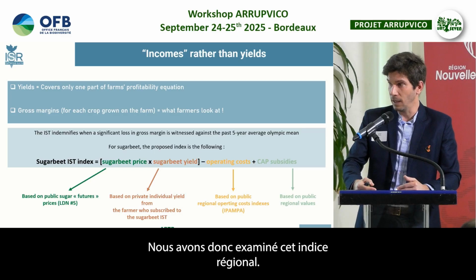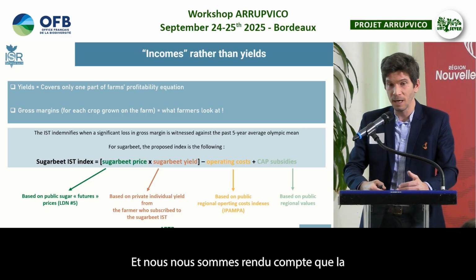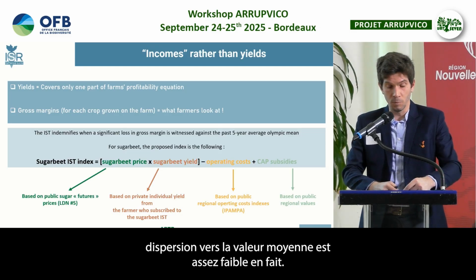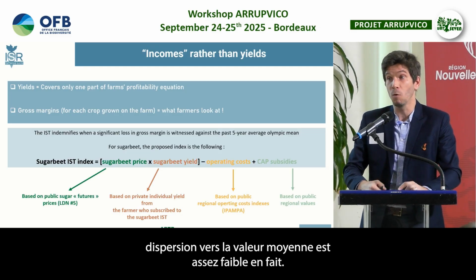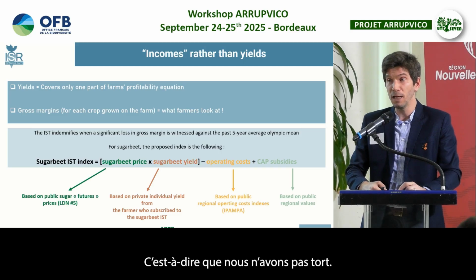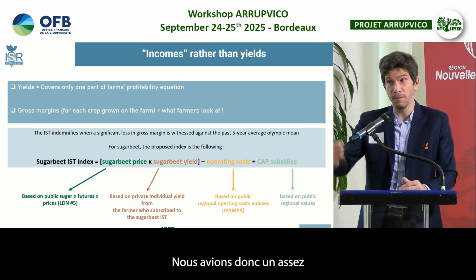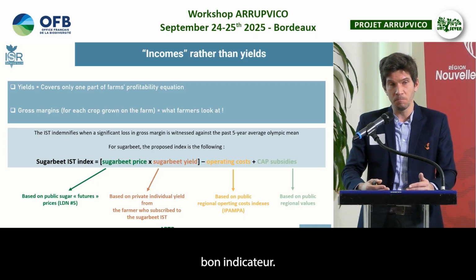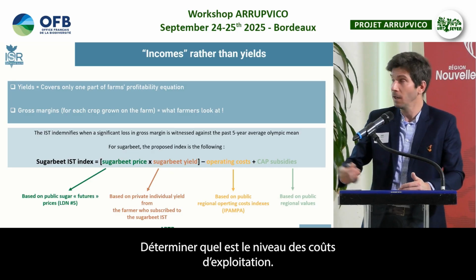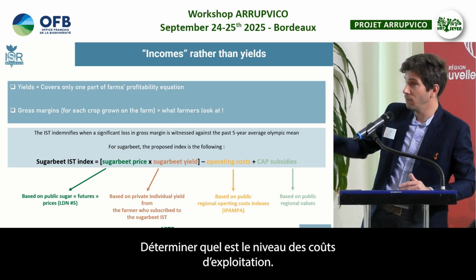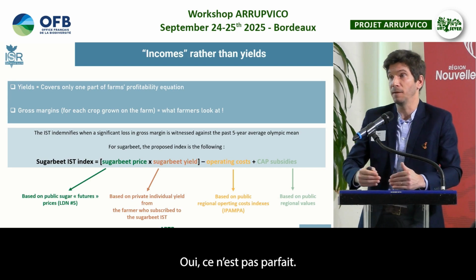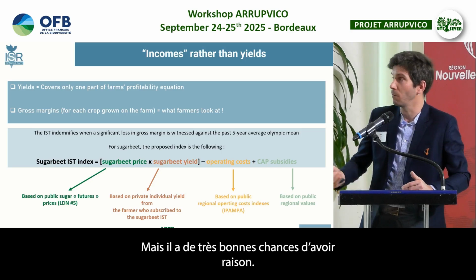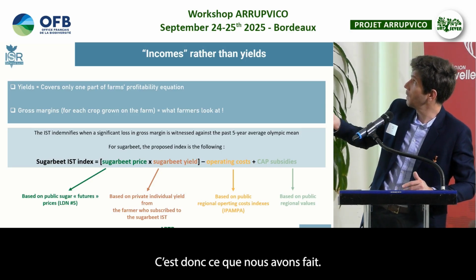So we looked at this regional index and we realized that the dispersion towards the mean value is actually quite low. Meaning that we are not wrong, and this relates to the proxy. So we had a fairly good proxy to determine the level of operating costs. Yes, it's not perfect, but it stands a very good chance to be right. So that's what we did.